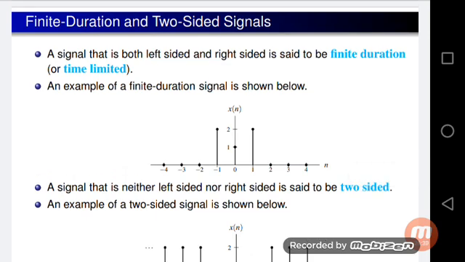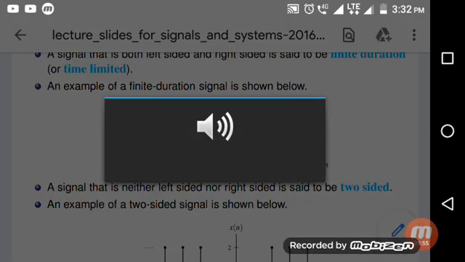Next one is finite duration and two-sided signals. A signal that is both right-sided and left-sided is said to be finite duration. That means the signal occupies the place on both the right and left sides.